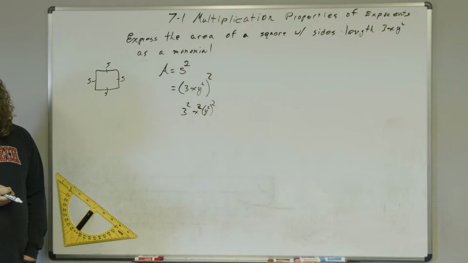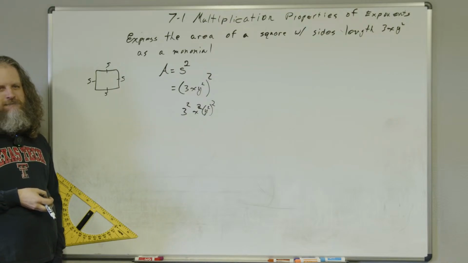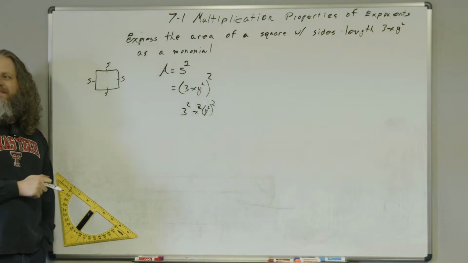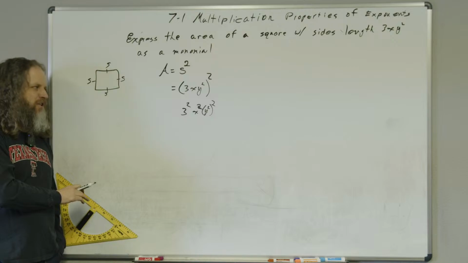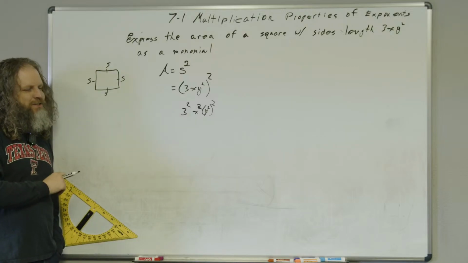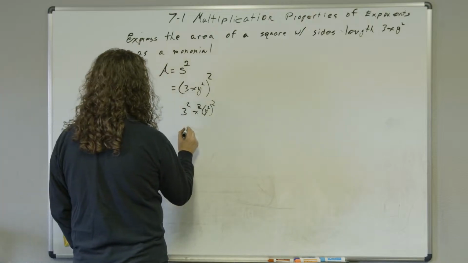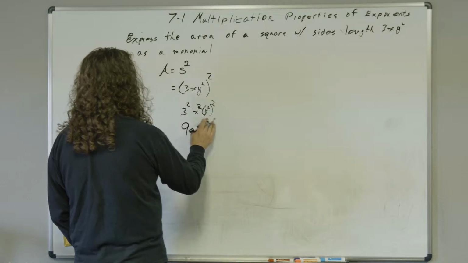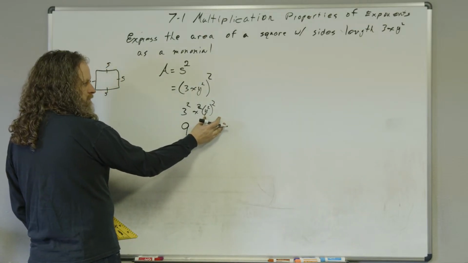Well, we're not done yet. What could we do now? This y squared squared, right? That's where they came from, yes? Does that make sense where they came from? Yes? Okay, good. What's 3 squared? 9. X squared. What do we have here? Y squared.